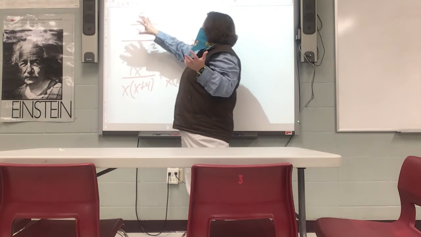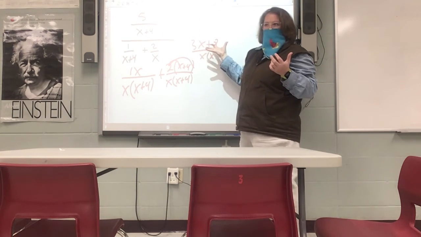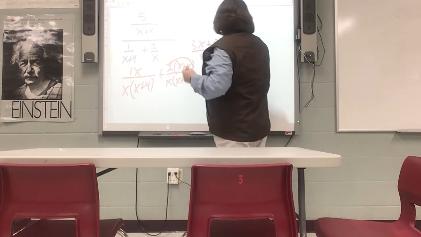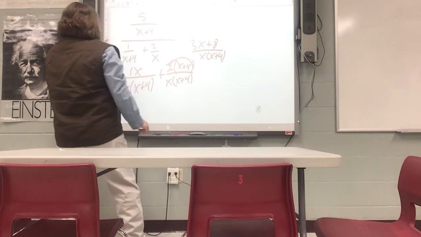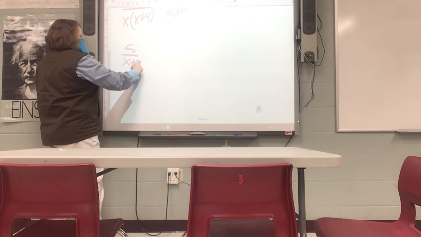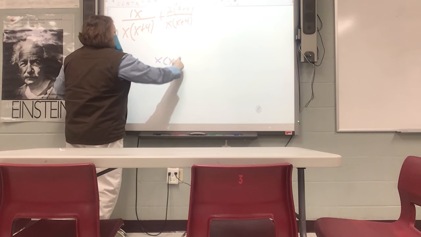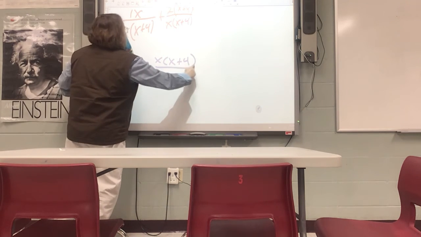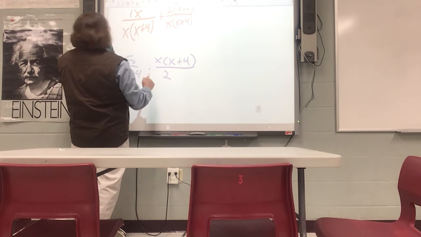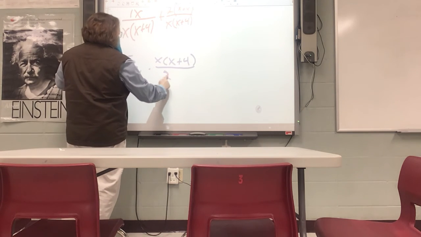So we're actually going to do this times flip that. Okay? So get some room to work. 5 over x plus 4 times, what was it? 3x plus 8.